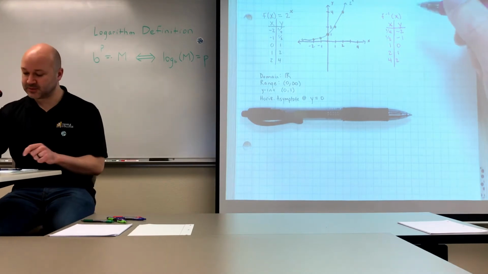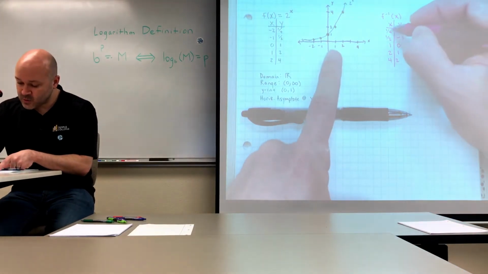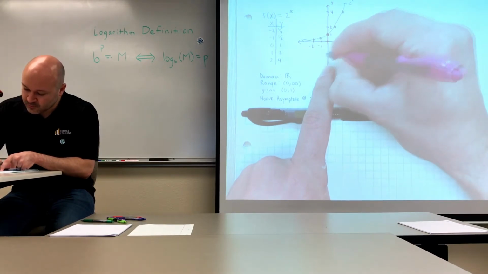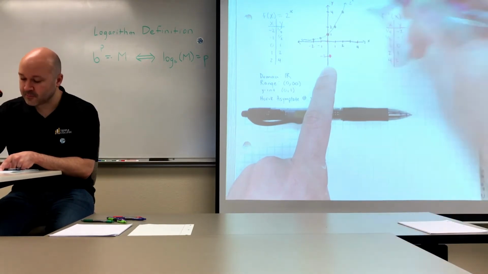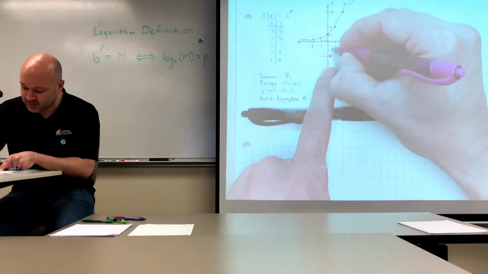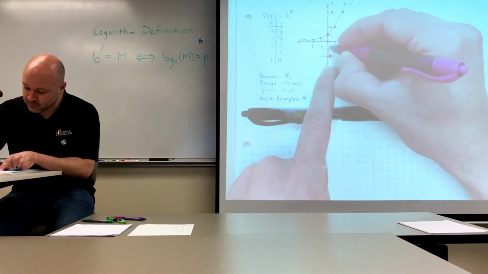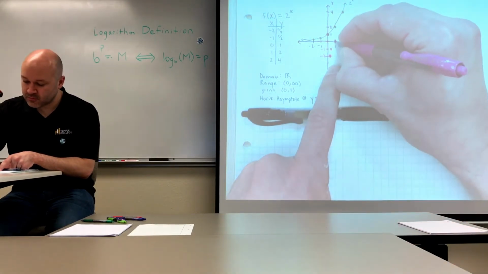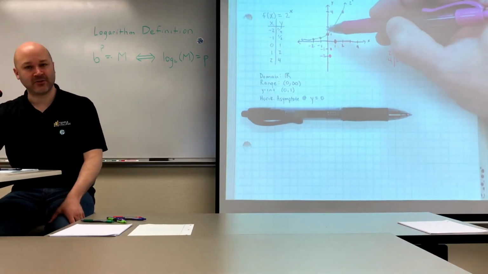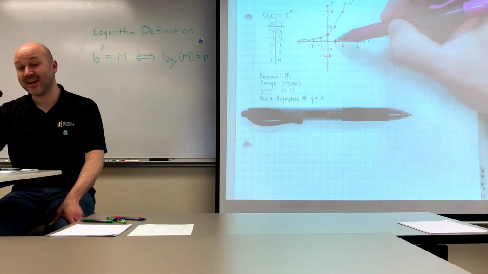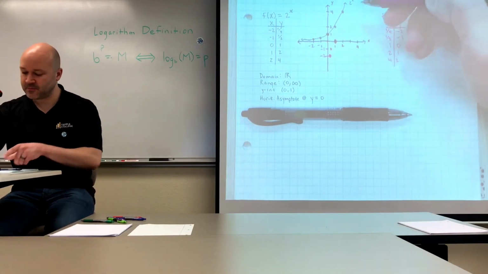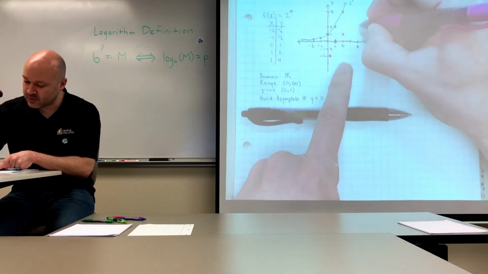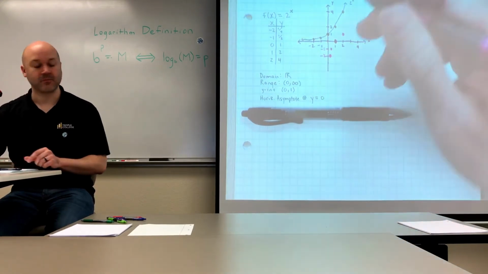I'm going to graph these points. At a quarter, I get -2. At a half, I get -1. 1, 0. So instead of a y-intercept at 0, 1, we have an x-intercept at 1, 0. 2, 1 is a point, and 4, 2 is a point.